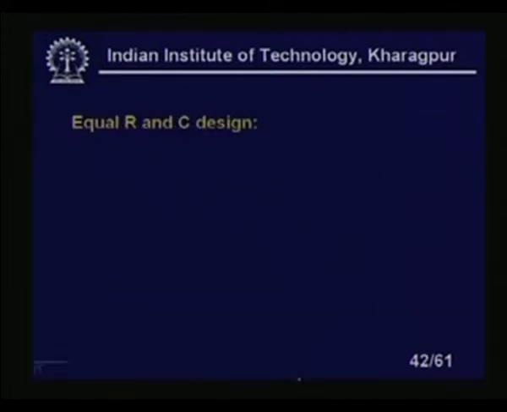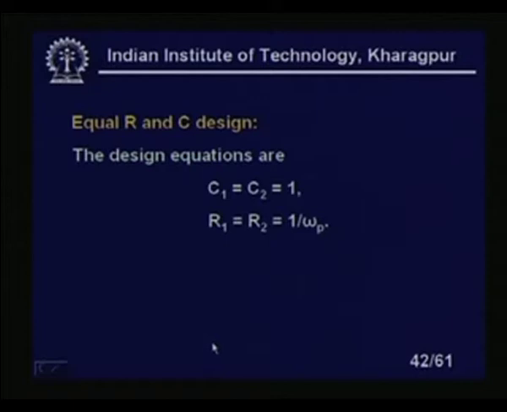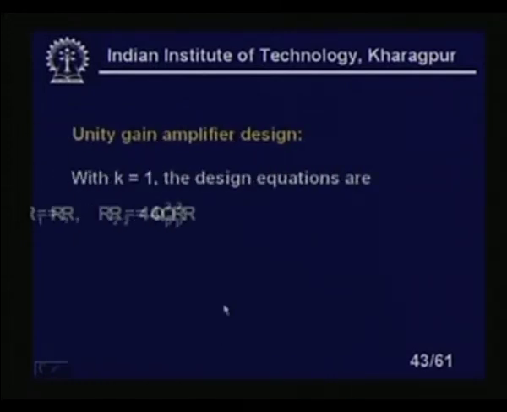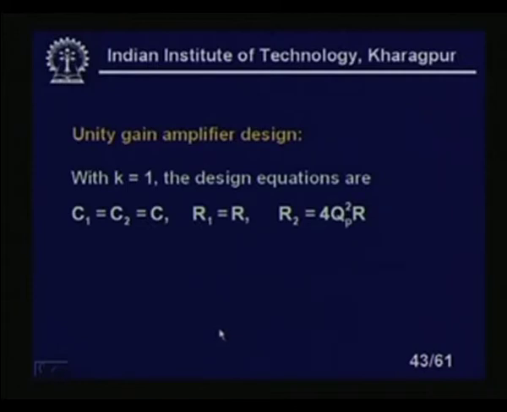Here also we have the equal-Q design. The design equations are C1 equal to C2 equal to 1, R1 equal to R2 equal to 1 upon omega p, small k equal to 3 minus 1 upon q p. Same as the low pass, the unity gain amplifier design we have also done for the high pass, where k equal to 1.